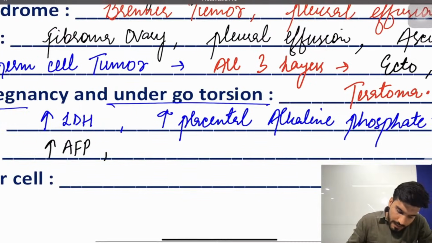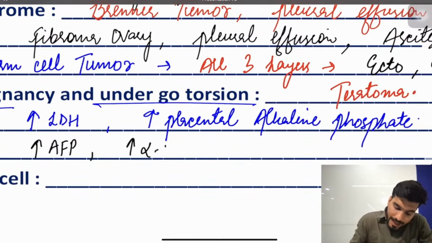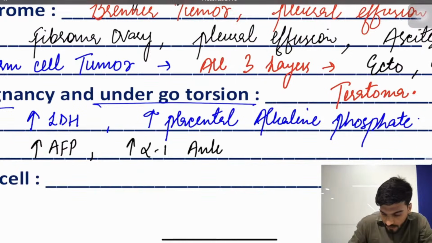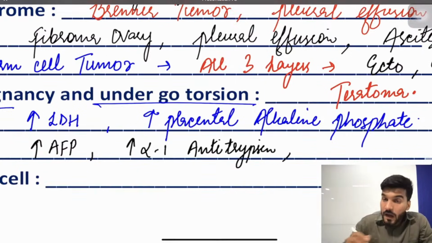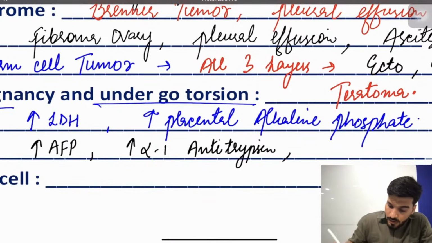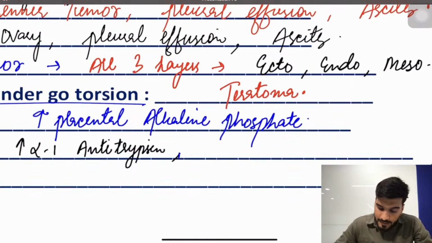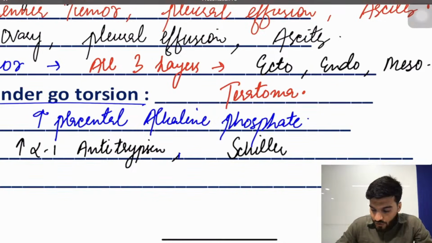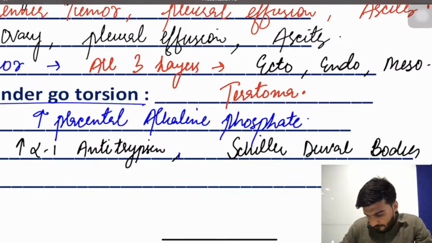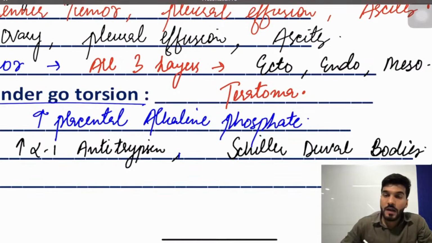It's also having increased alpha 1 antitrypsin. If decrease given, panacinar emphysema. Remember that, at least this hint. The classical bodies seen in case of a yolk sac tumor are Schiller-Duval bodies.